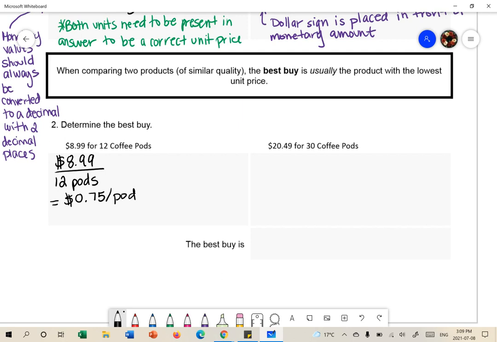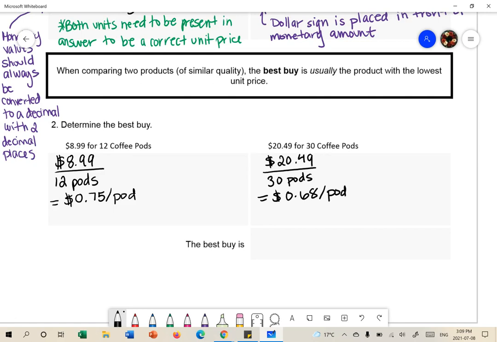Let's check the next offer. $20.49 divided by 30 coffee pods. And that's 68 cents per pod.